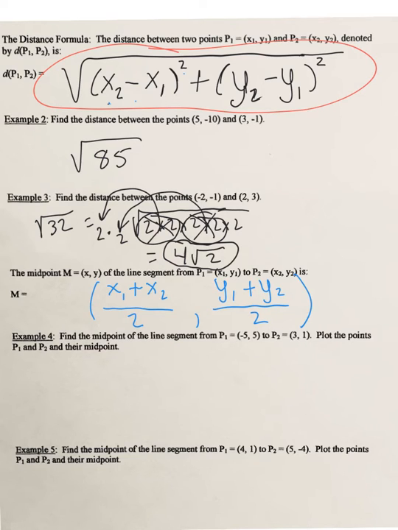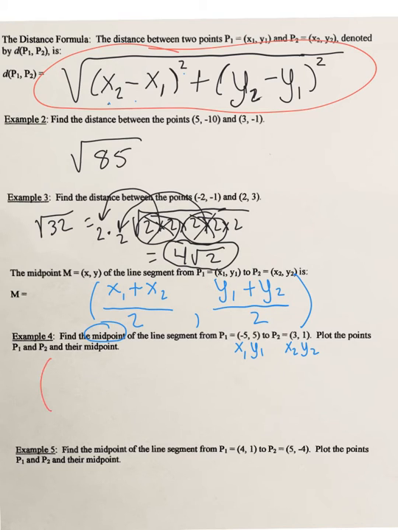So they gave us point 1. So x sub 1 is negative 5, y sub 1 is 5. They gave us point 2, the second endpoint. x sub 2 is 3, y sub 2 is 1. And they're asking you for the midpoint, so just simply plug into our new formula.